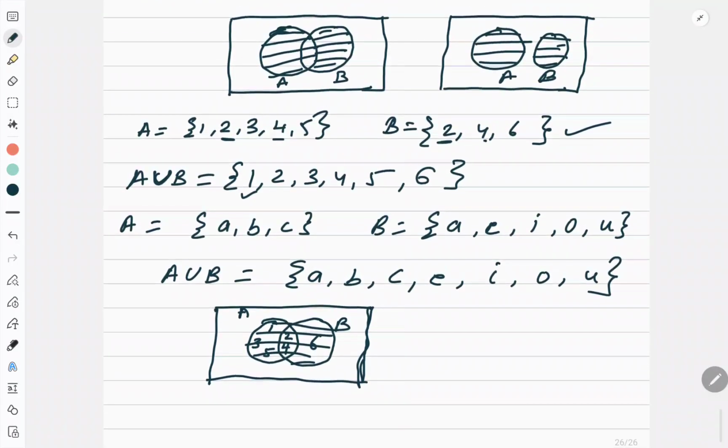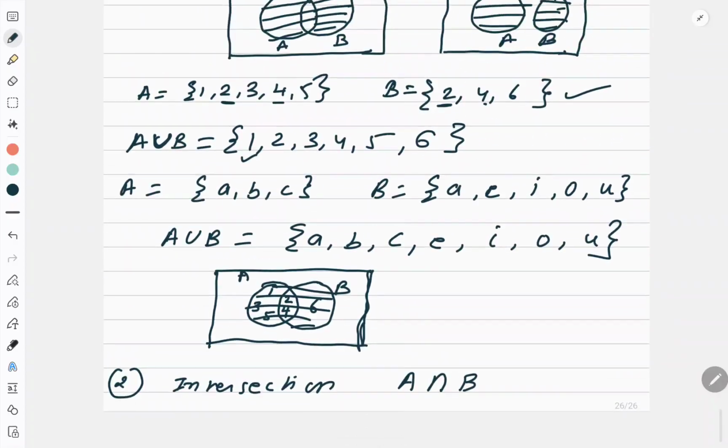Right? Now let's come to the second operation, which is the intersection. Now how to represent the intersection? See, intersection is represented by A intersection B. Okay. Now how to define this intersection?